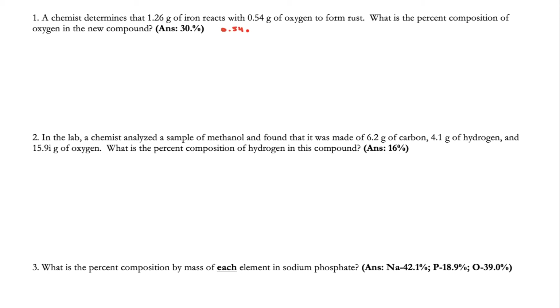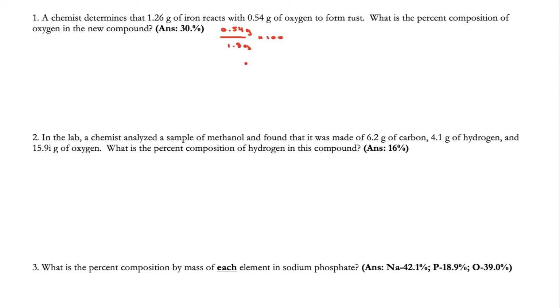Then we divide that by the total mass of the compound. So I need to take the mass of iron, which is 1.26, and add to that 0.54. For that, I get 1.8 grams. So I'm going to take 0.54, divide by 1.8, and then multiply by 100 to make it a percent, and that will give me my percent composition.